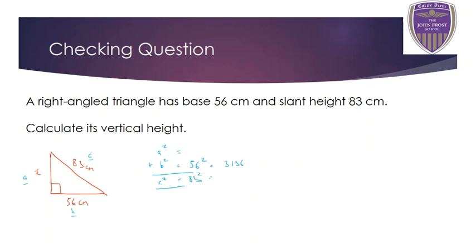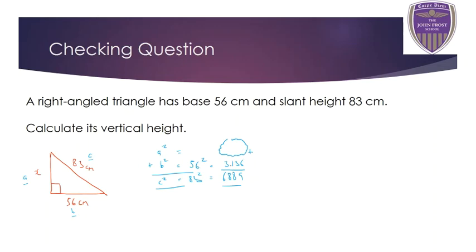This time I can actually work out c squared. I can work out 83 squared, which is 6,889. And I know that a squared add b squared equals c squared. So what's going to go here then? How would you find out what number goes there?